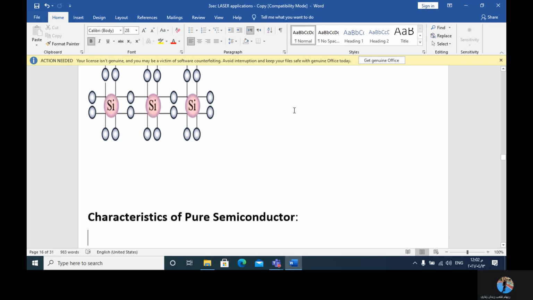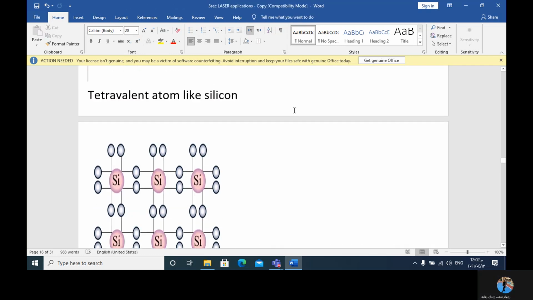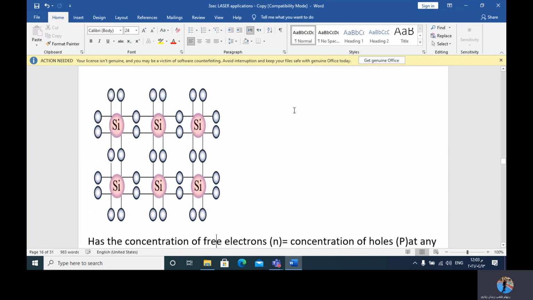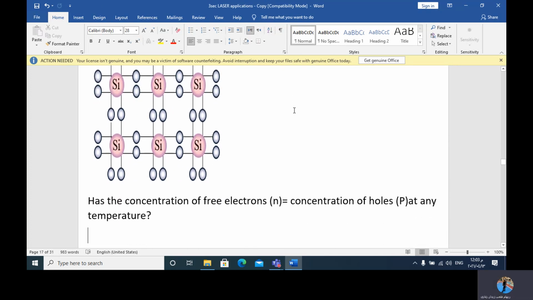Now let's talk about semiconductors. The pure semiconductors, like silicon crystal, are made of tetravalent atoms like silicon or germanium, as we said. And what's important about the pure silicon or the pure semiconductor is that the concentration of free electrons, which are the negatively charged carriers, equals the concentration of the holes, or the positively charged carriers, at any temperature.